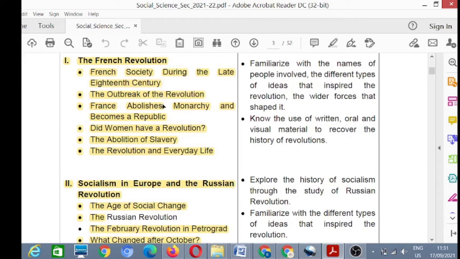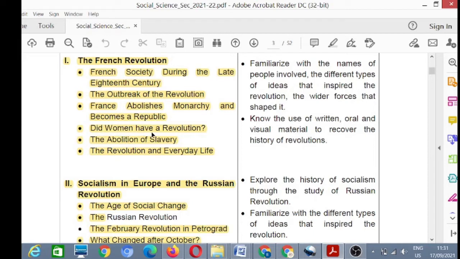Now third topic is France abolishes monarchy. So one man show was abolished, there was no king, and in place of king there was a republic. So France becomes a republic.